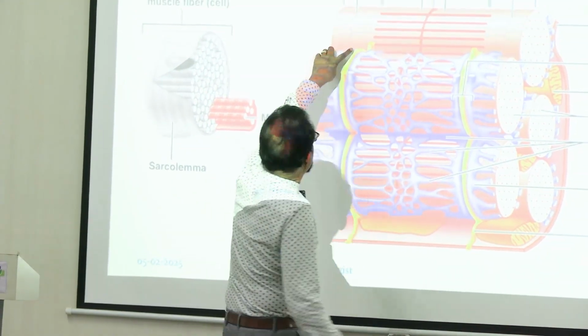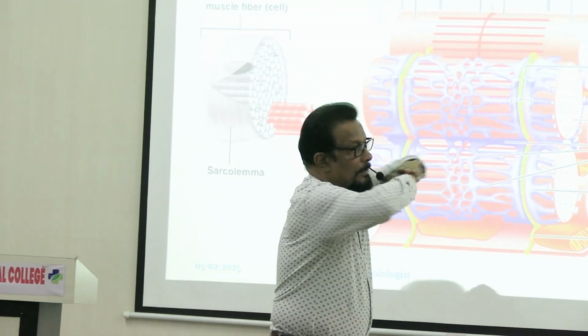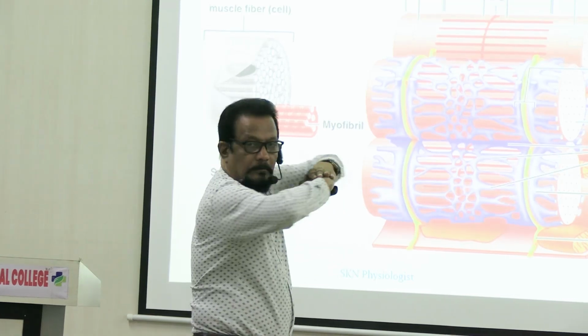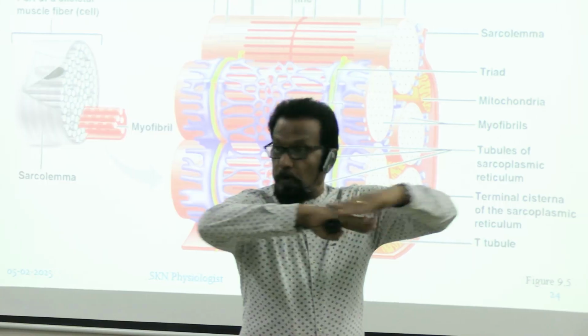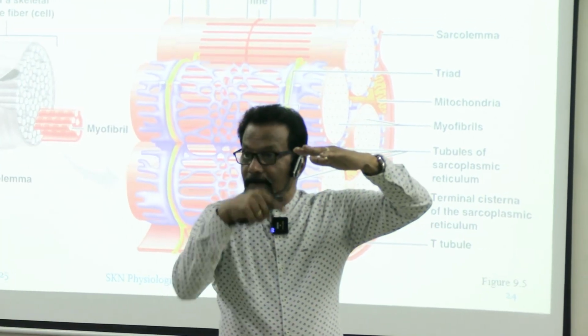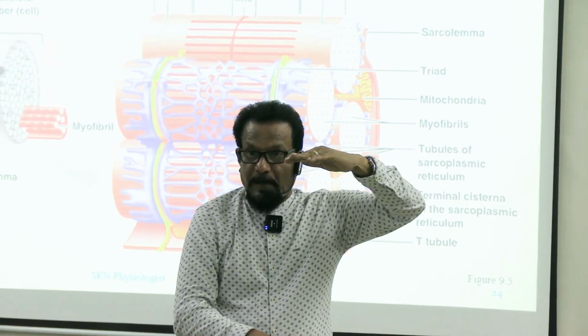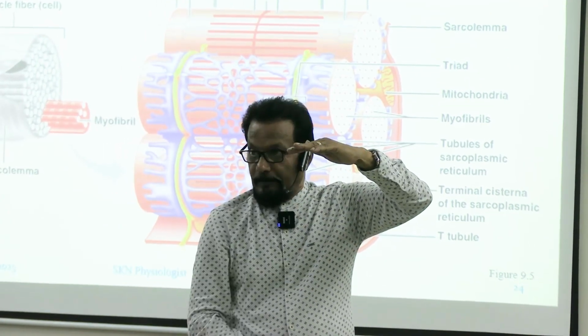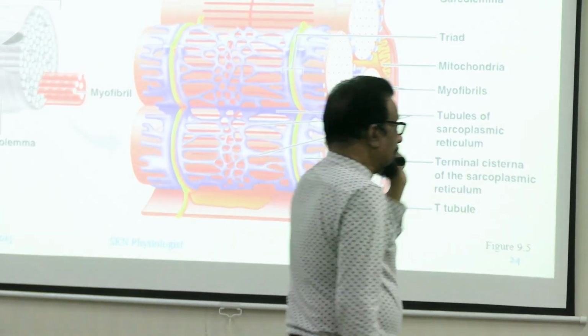So these are T-tubules. See, the structure is like the alphabet T. This is the sarcolemma, and this tube is inserted within the sarcoplasm, forming a T shape. That's why we call it a T-tubule.